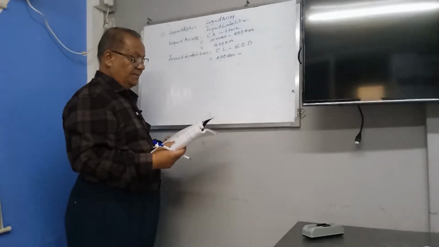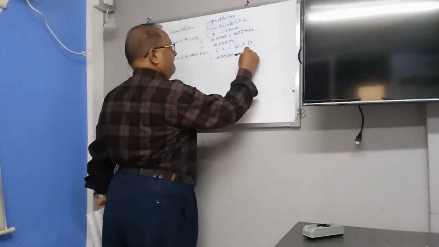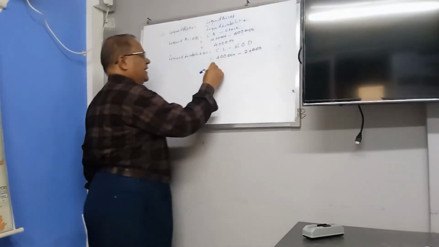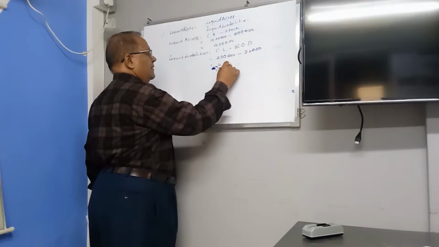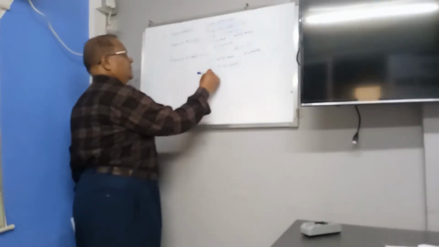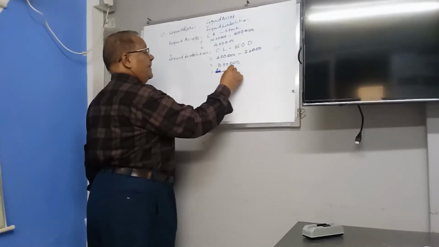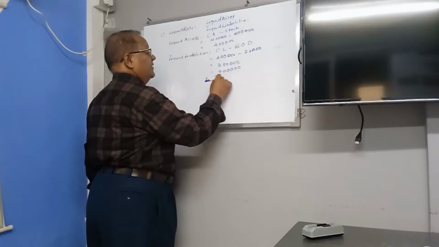Minus bank overdraft, which is 20,000. You will get 3,80,000. Then you have to ascertain this ratio: 4 lakh divided by 3,80,000.